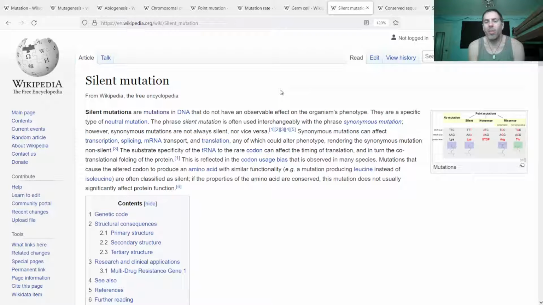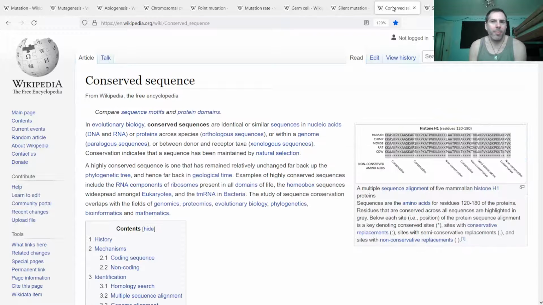So there's a mutation rate, but then there are various types of mutations, like silent mutations, which go unnoticed in the phenotype. And then you have genes that create proteins, and genes that don't create proteins. Any kind of mutation can have a variety of effects, negative or positive or neutral. You might have a sequence of nucleotides that are conserved.